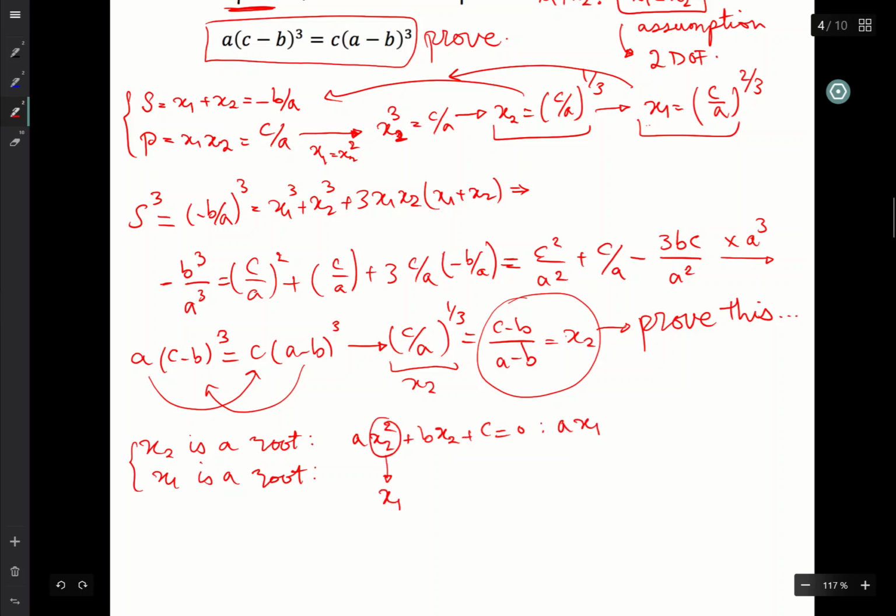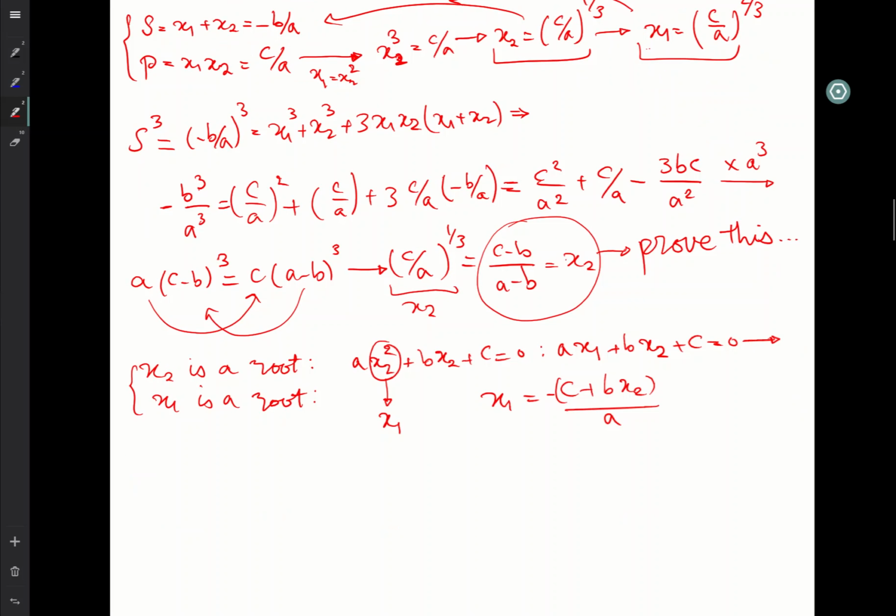So ax1 plus bx2 plus c should be 0. So now this is easy because I can see the relation between x1 and x2 in another form. So x1 is minus c plus bx2 over a, right?